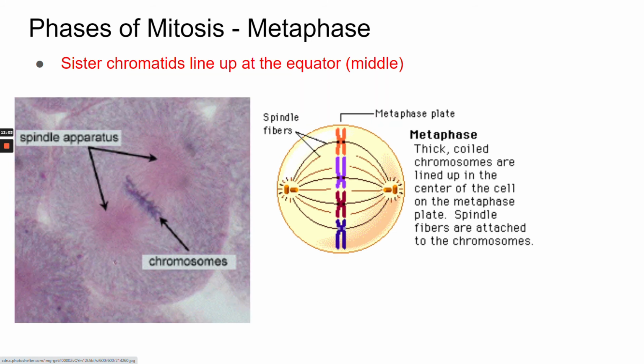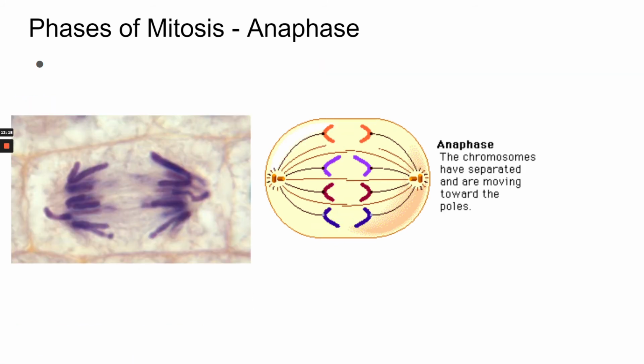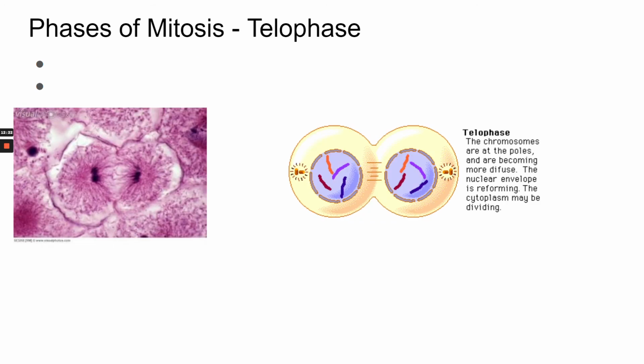If we go back here, notice in metaphase, they were X's, right? And then in anaphase, the X splits up and they get pulled all the way apart until they're in opposite ends of the cell.